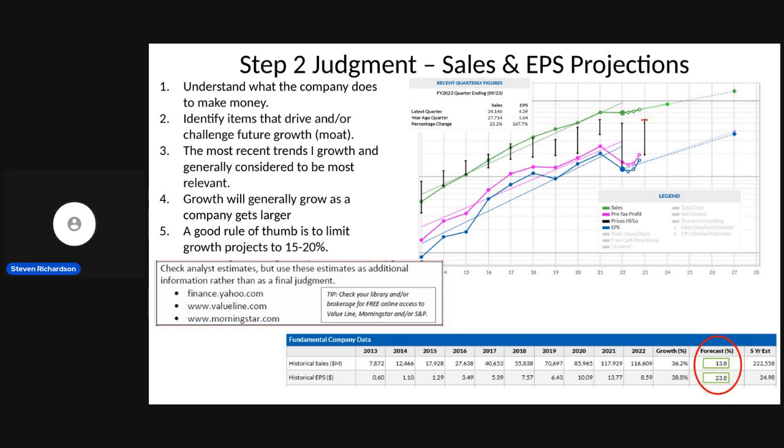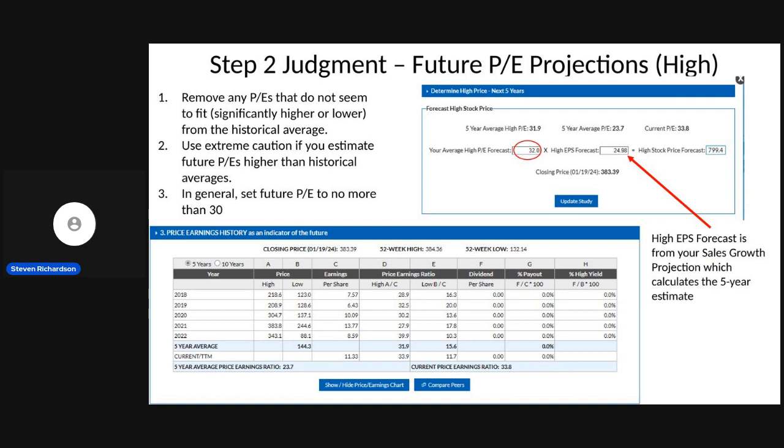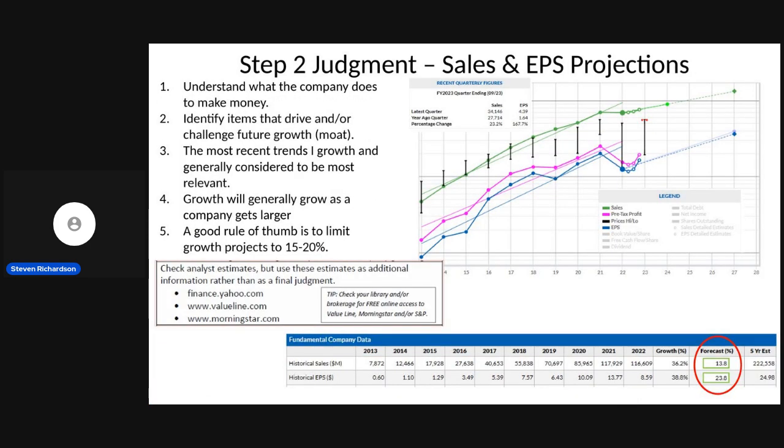So, your sales and EPS projections. First, you need to understand what the company does to make money. And you can find that out in the annual report or the quarterly report. Then you identify the items that drive and or challenge future growth. How wide is its moat? How narrow is its moat?